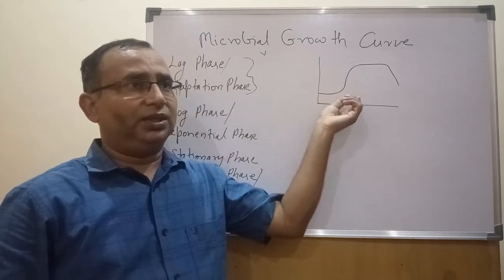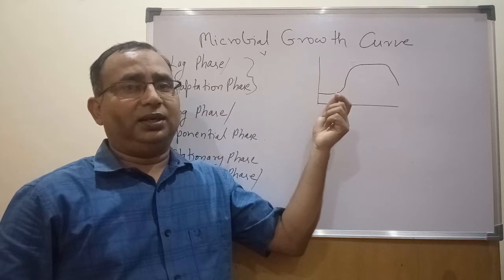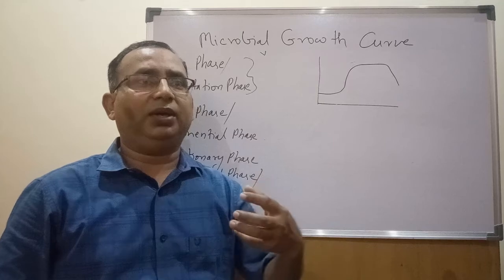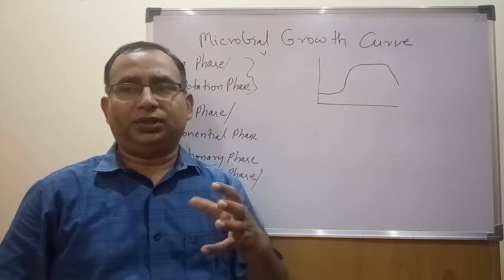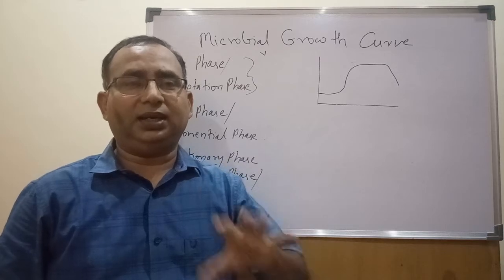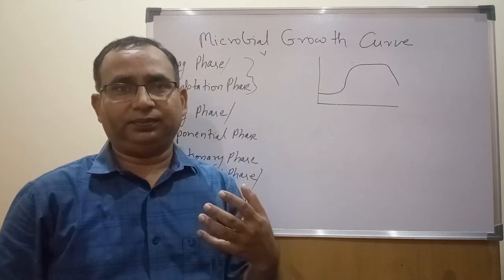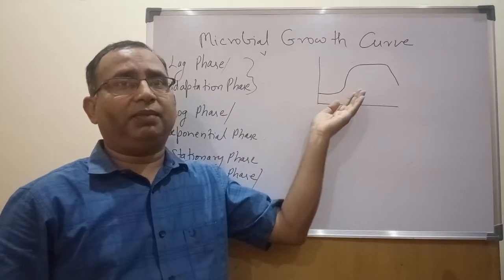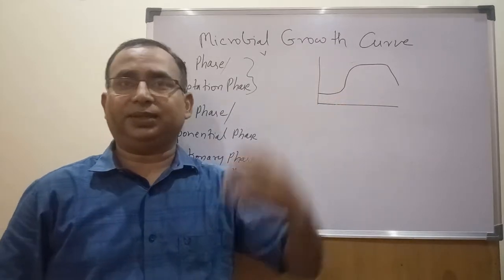So once the cell develops itself properly, it becomes metabolically almost suitable to perform all its activities, then cell starts dividing itself. And once the cell starts dividing, the total number of microbial population starts increasing.